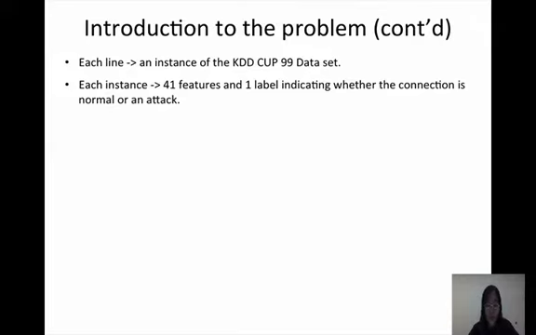Without the discrete information included, an instance is represented in the training and testing dataset as a line of data with 41 features and one label, which indicates whether the connection is normal or an attack with exactly one specific attack type.